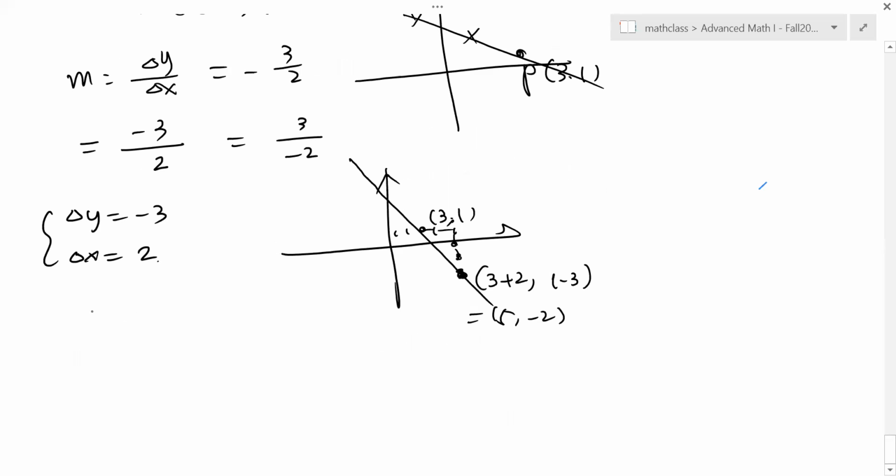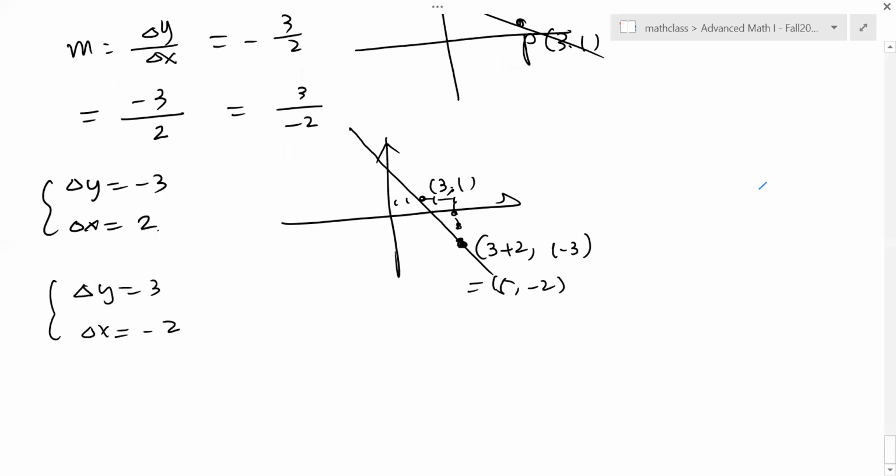Now, if you use the second expression for the slope, delta y is going to be 3, delta x is going to be -2. Then you will get another point on the line, but in the other direction. How to get another point? x should go to the left.